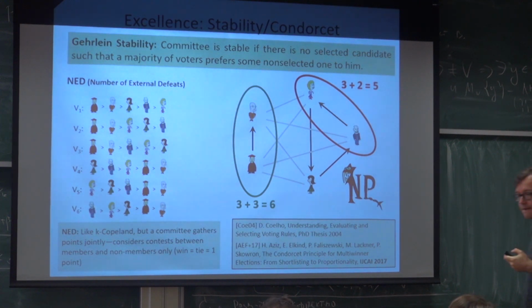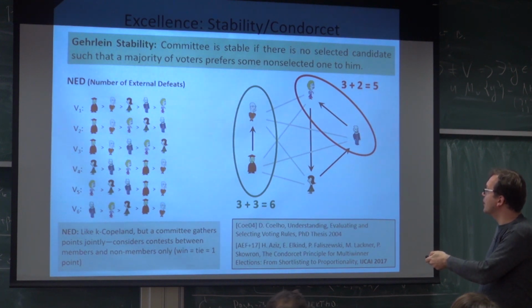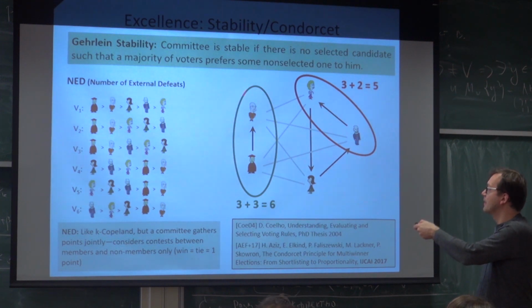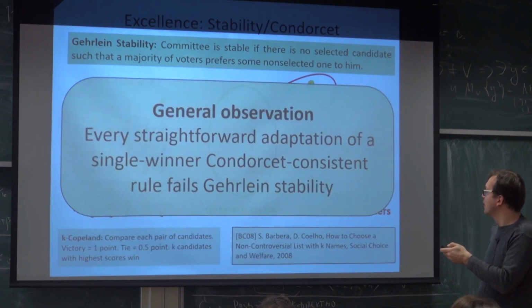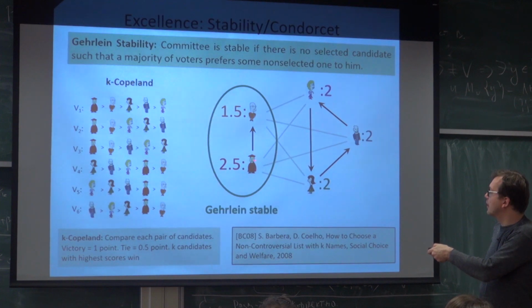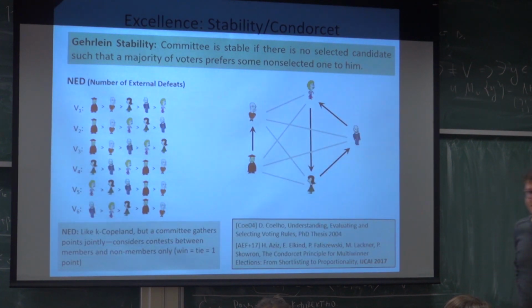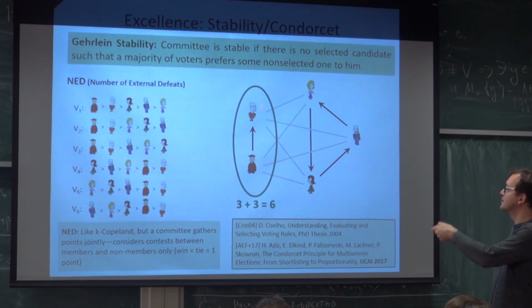Sorry, I missed it. What is 3 plus 3? Okay, so the way you compute the score of a committee: in Copeland, you would compute each score individually for each guy, simply whoever he defeats, also within the committee. Under the NED rule, it's the number of external defeats. The score of this committee can only be computed jointly.